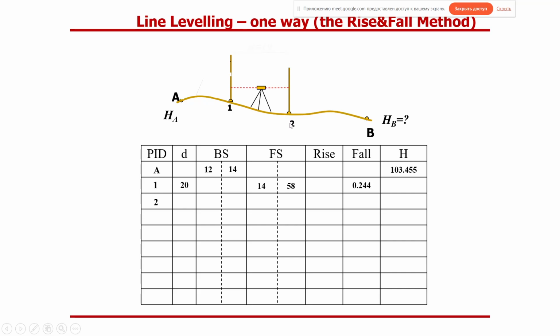We write down the distance between two staff and write down the reading from the instrument to the back staff and to the fore staff, and calculate the rise or fall, just back staff minus the fore staff.